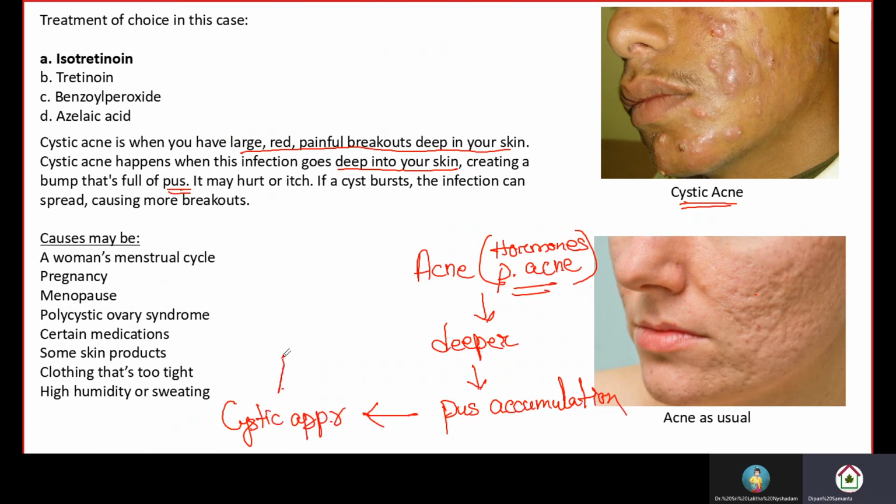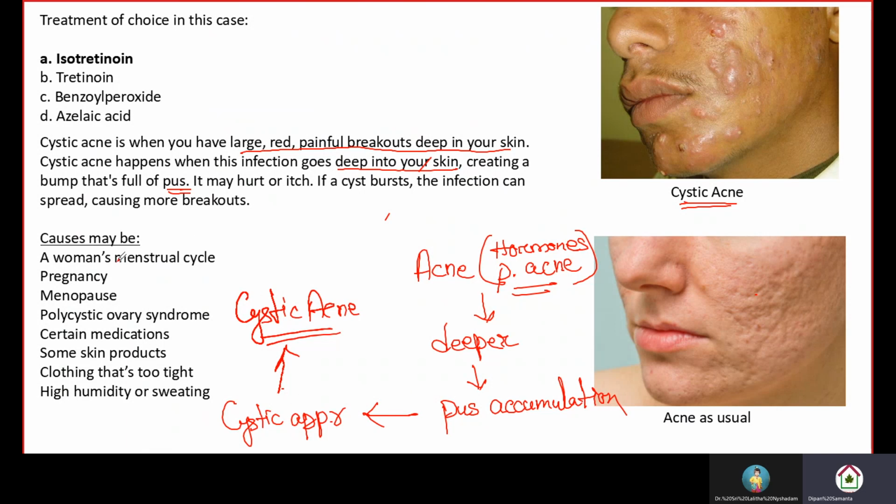We call it cystic acne because there is pus inside.